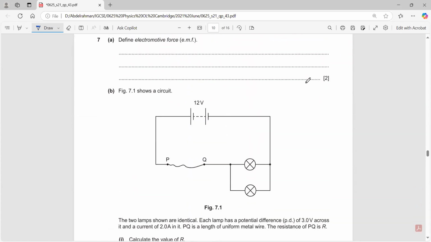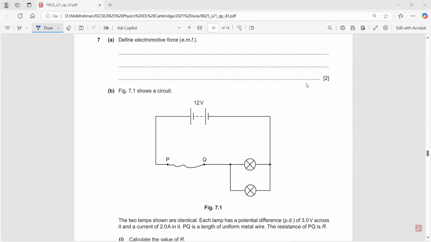Define the electromotive force. How can we define the electromotive force? Electromotive force had an old definition, and now has a newer definition. What is the newer definition? If you think about the electromotive force, we've always talked about it as being the work done.